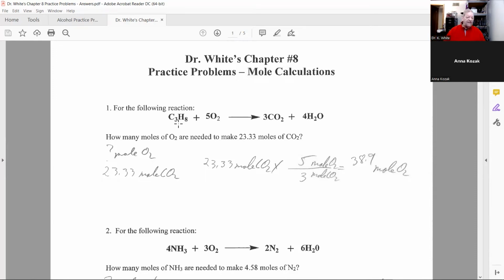So here we have, what are we being asked to find? And I like to use the question mark, moles of oxygen. What are we given? The moles of CO2, but we're also given the balanced chemical equation. Now, if we start with the only number we have to start with, 23.33 moles of CO2, what units do we want our answer in? Moles of O2.